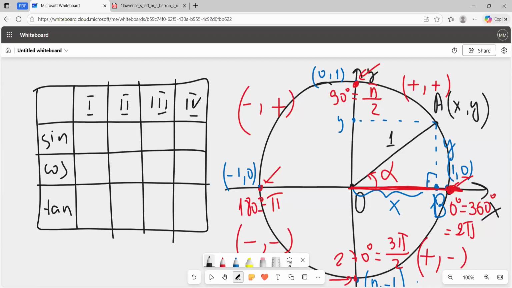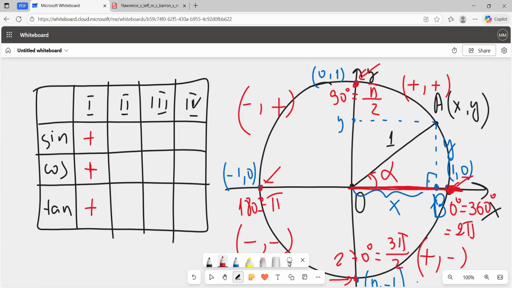So we can say that sine of any angle in first quadrant, I mean, if the degree measure of angle is between 0 and 90 degrees, then sine of this angle is positive, cosine is also positive, and since tangent is ratio of them, tangent of this angle is also positive.